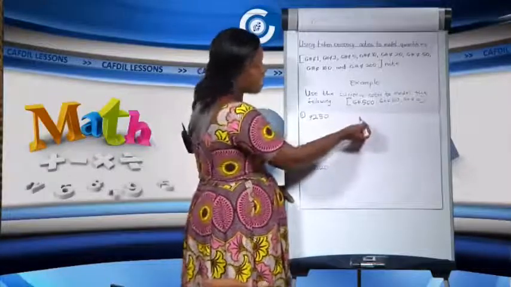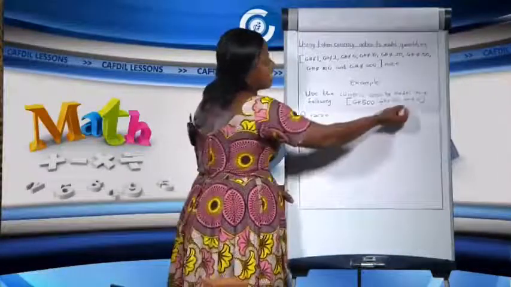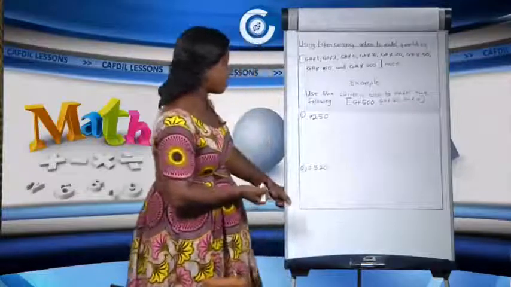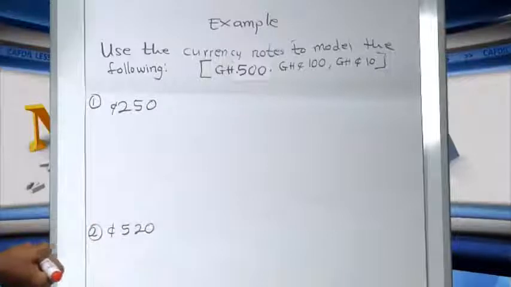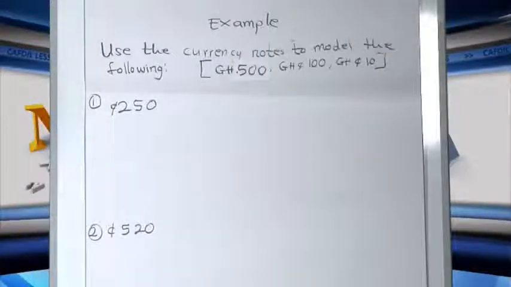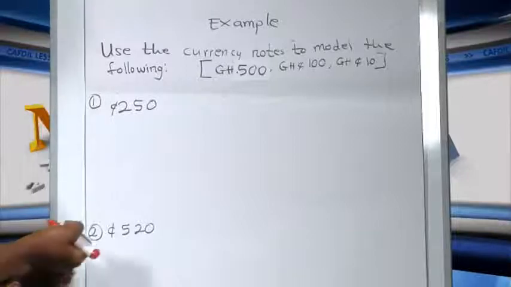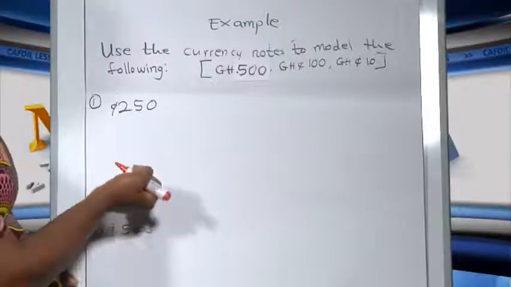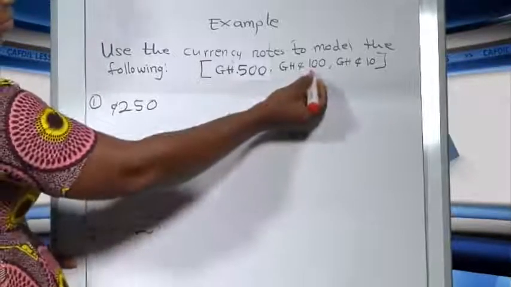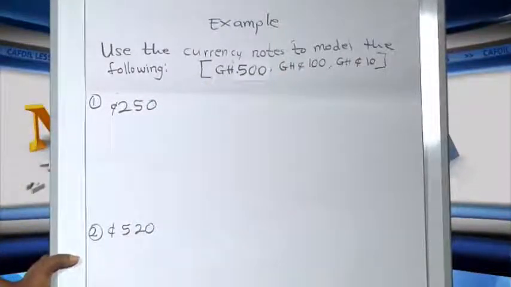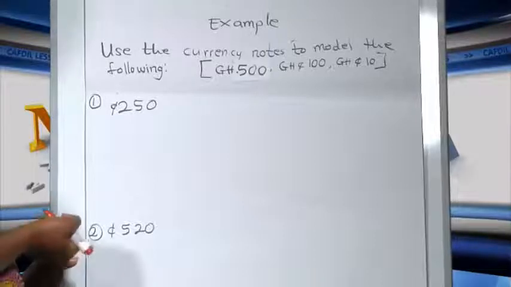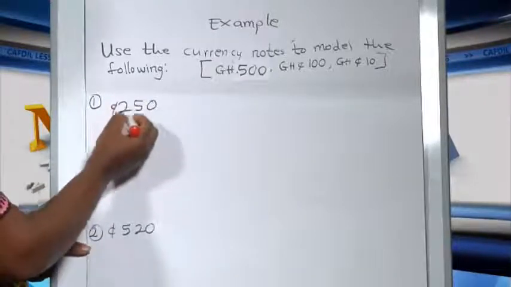So when you put your hand in your pocket, you can give the shop owner 2 of the 100 cedis notes, which will give us 200.